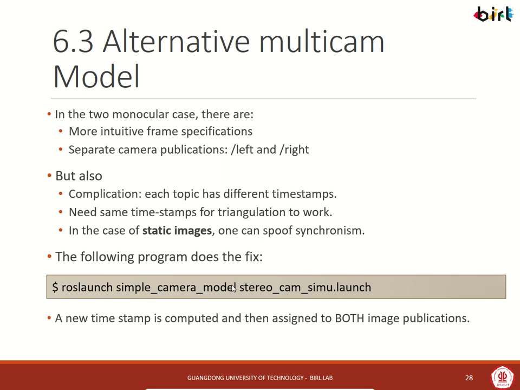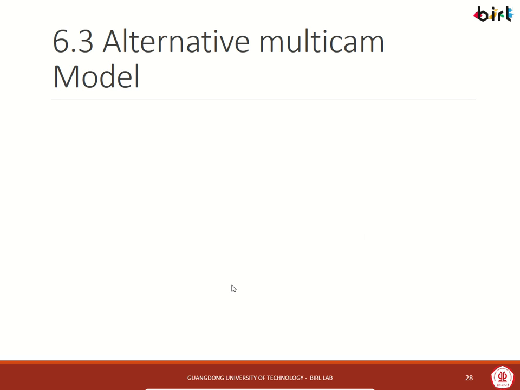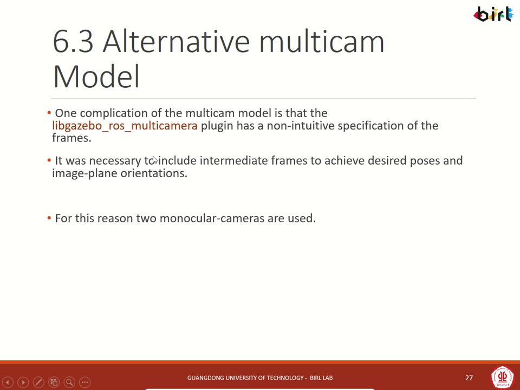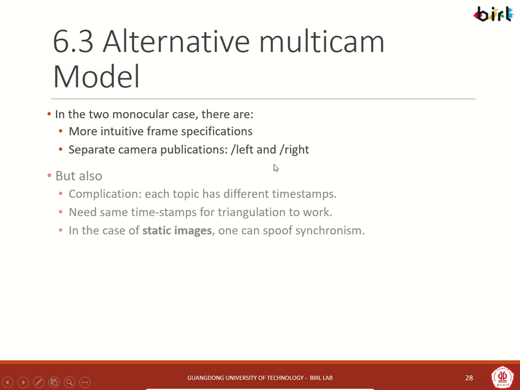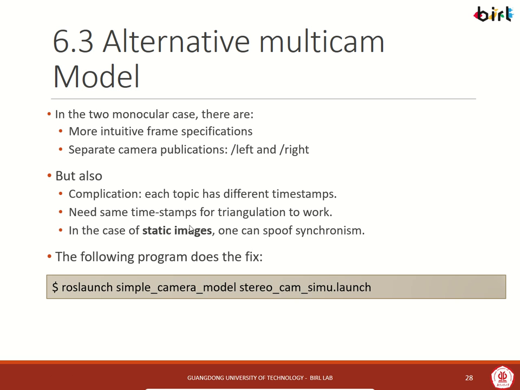You know the routine, but you would need to go back through the book and notice that this method is easier in terms of computing the transformation from the left camera to the right camera without intermediate frames. But it has a big problem, which is the time synchronization of the 2 topics. And this will only work for static images.